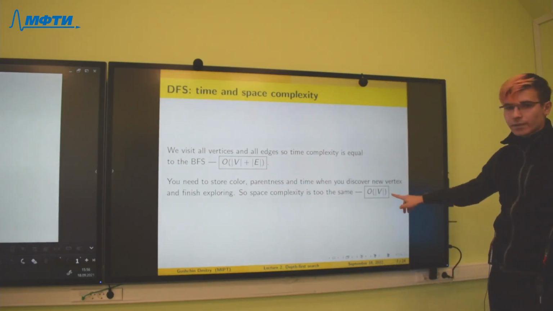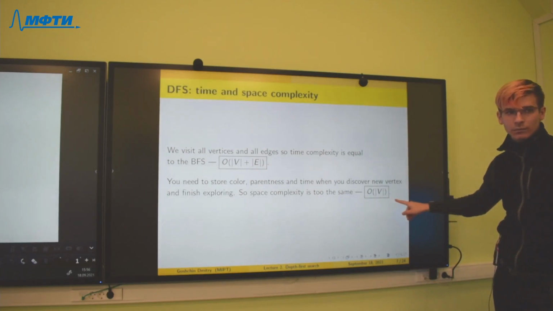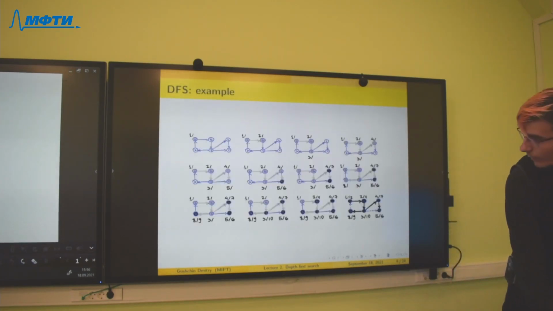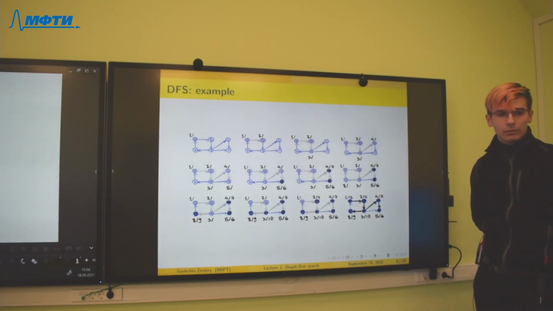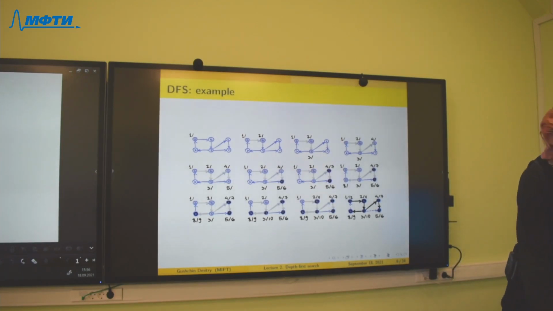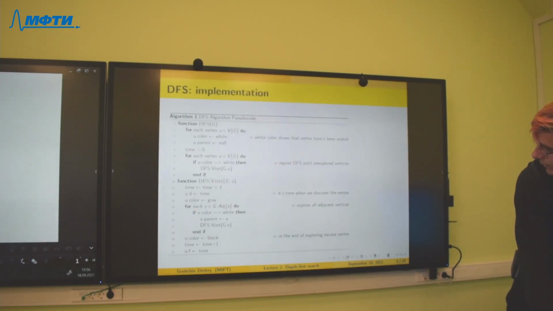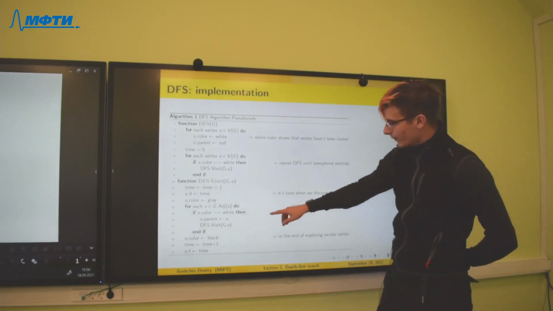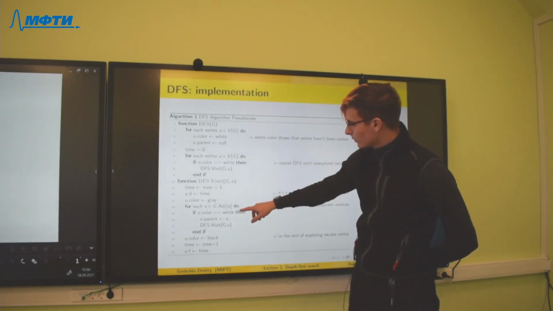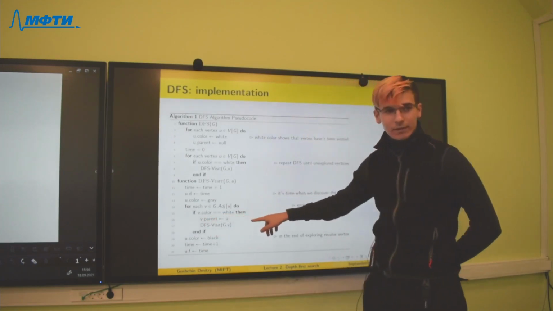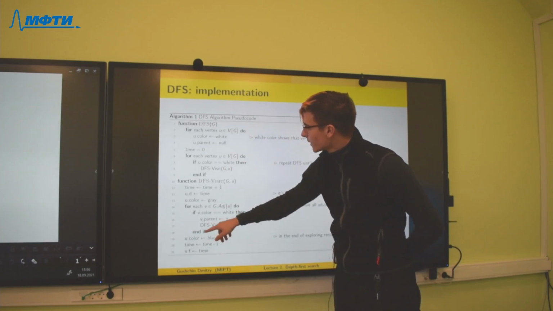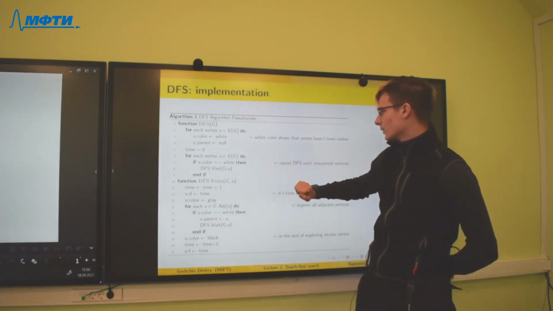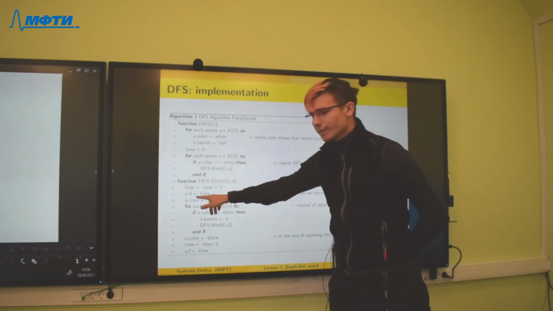And about space complexity, because we know how to write which nodes we already visited. But if you can see here, we have a big node class with color, with parent, with final time, and with discover time.